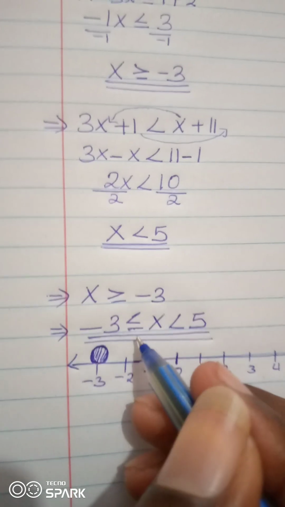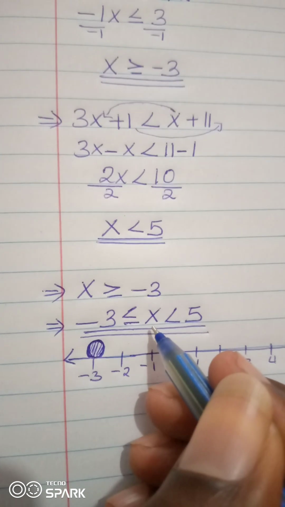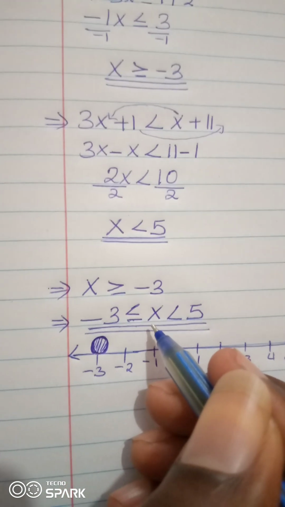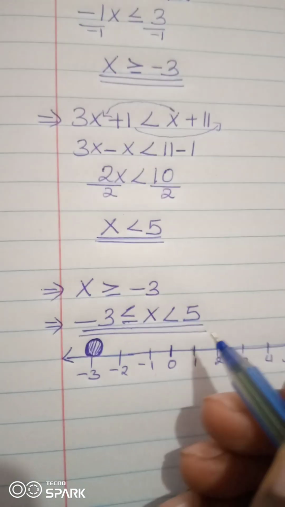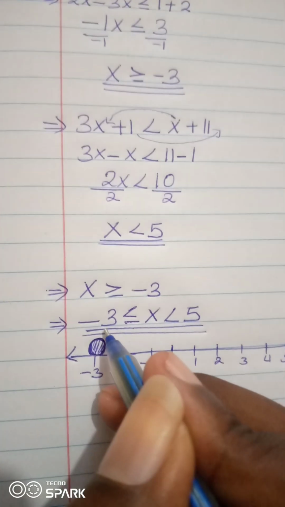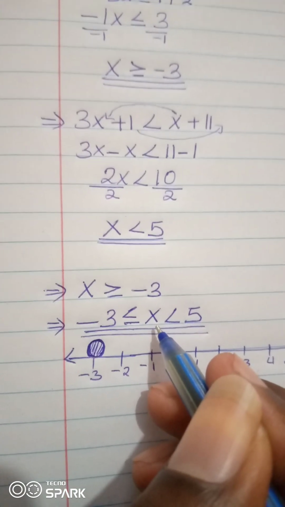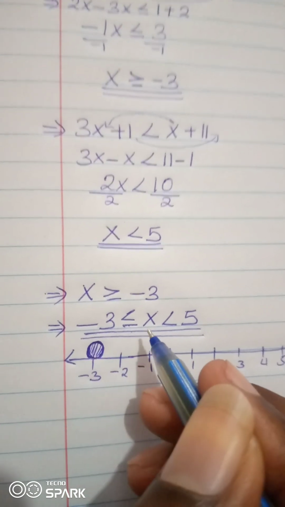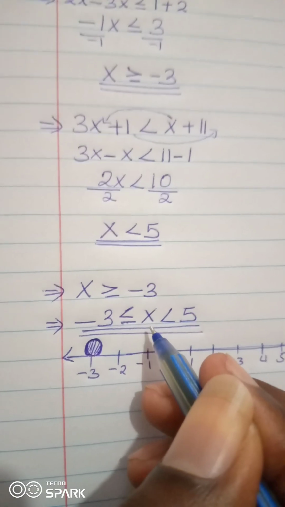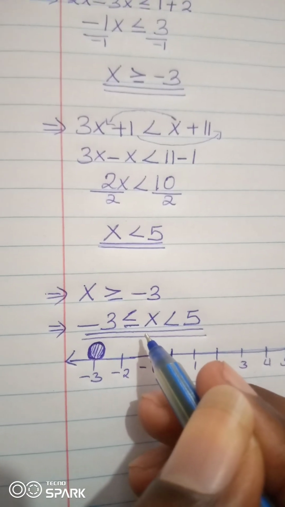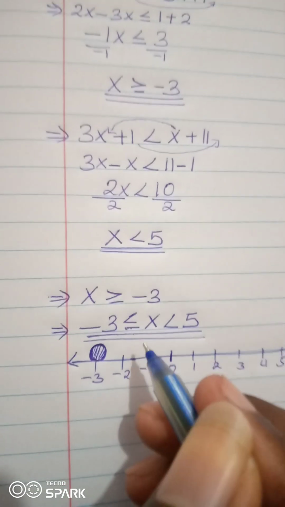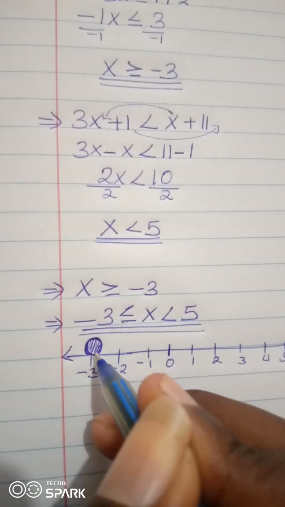Negative 3 is less than or equal to x, so x can either be negative 3 or greater. That means negative 3 is part of it. That's why we shaded the circle.